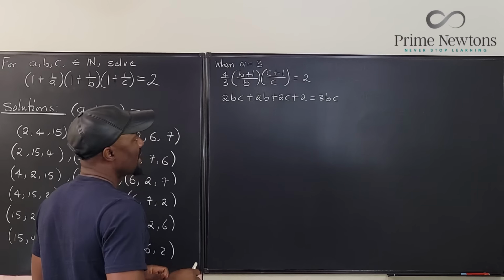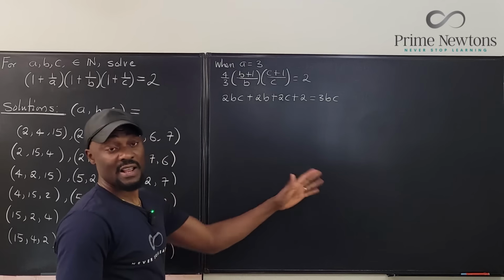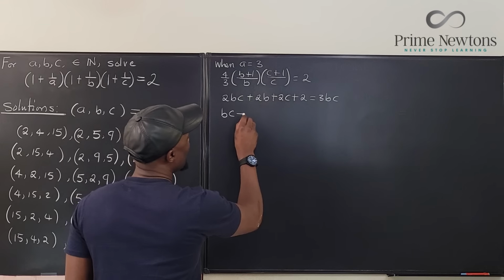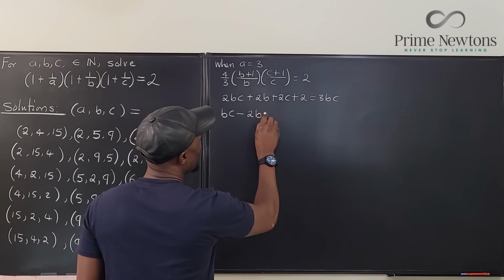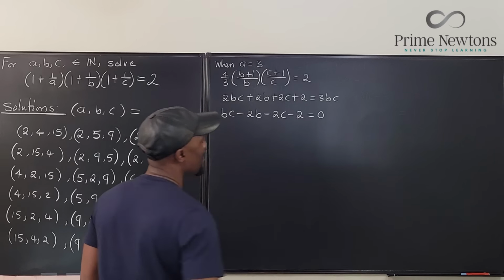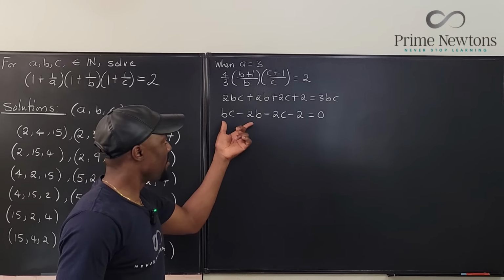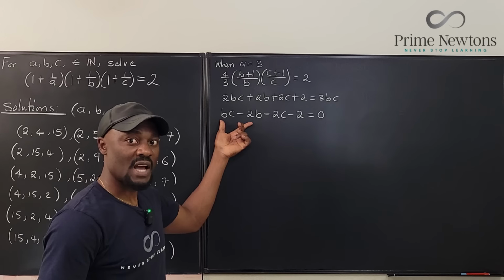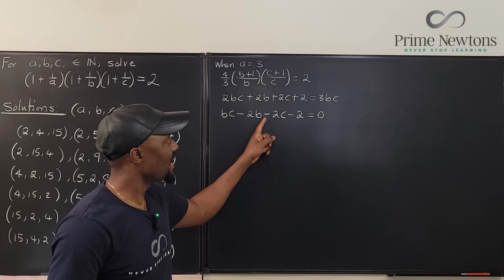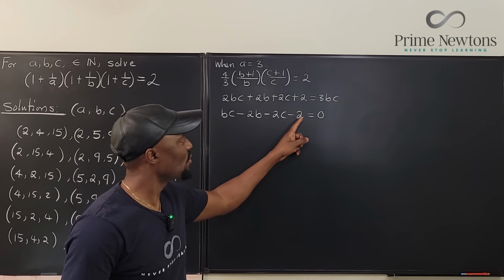Okay, nice. Now, like we did before, we're going to drag everything to one side. We end up with BC minus 2B minus 2C minus 2 equals 0. And like we did, remember, B is common to both sides, so we're going to have C minus 2 left. If we factor out negative 2, we're going to end up with C plus 1.